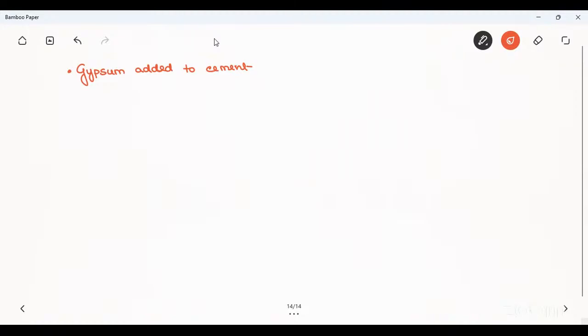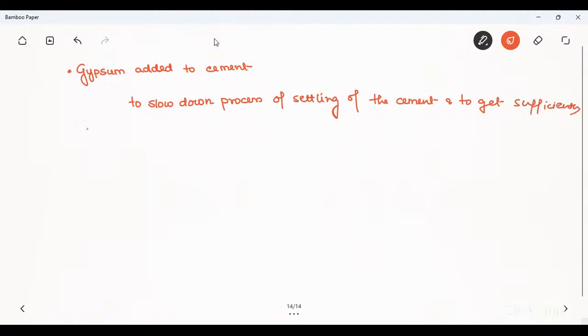So basically the cement will be harder. This is the main purpose of adding gypsum.